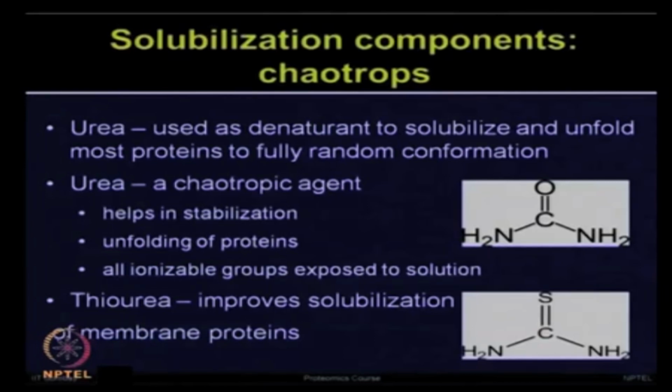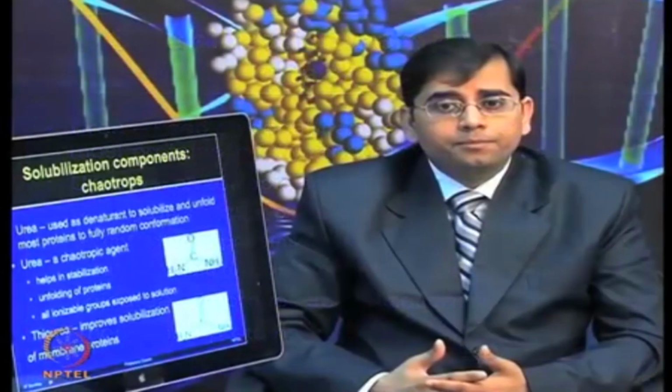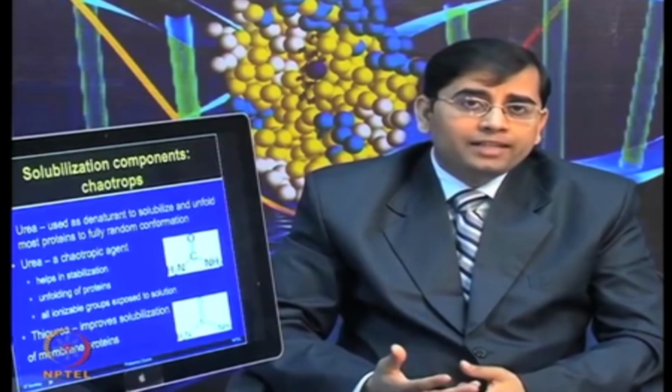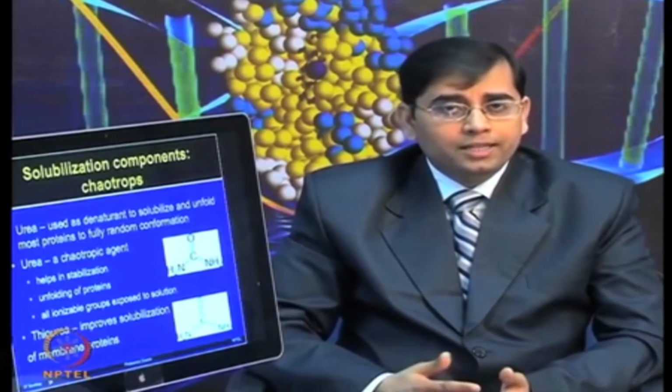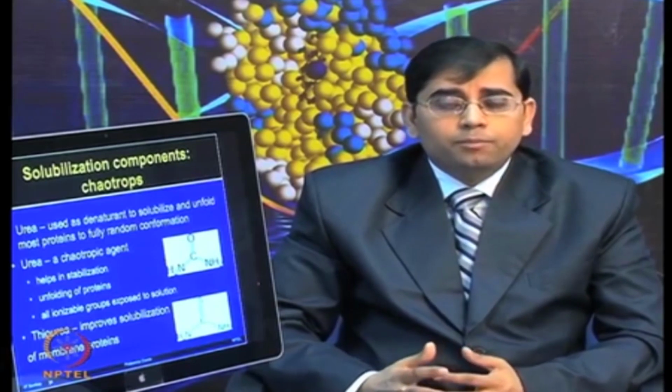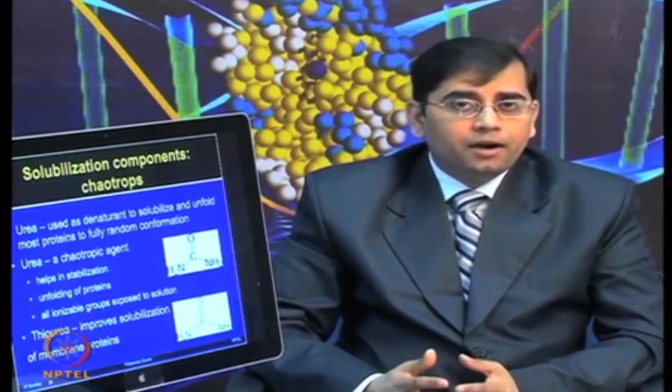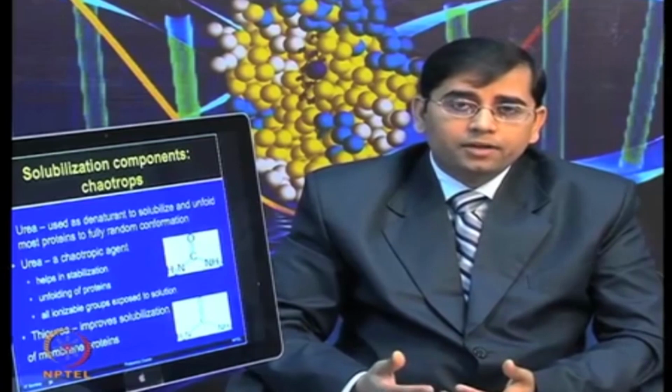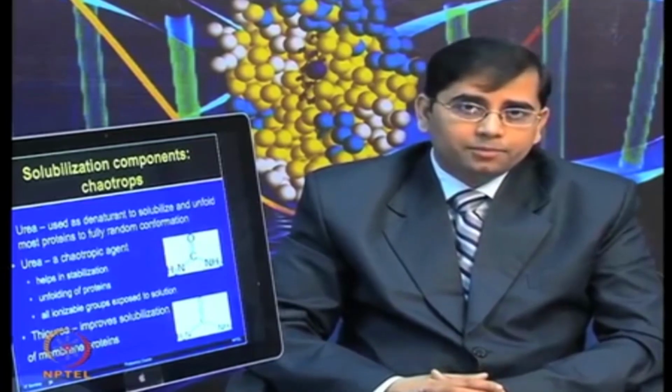Urea is a chaotropic agent, which helps in unfolding proteins so that all the ionizable groups are exposed to the solution. Thiourea improves solubilization of membrane proteins more specifically. Mostly, urea and thiourea are mixed together during the solubilization step.